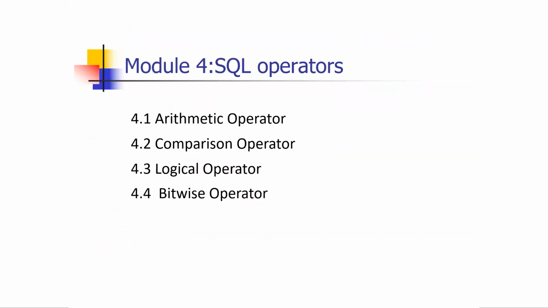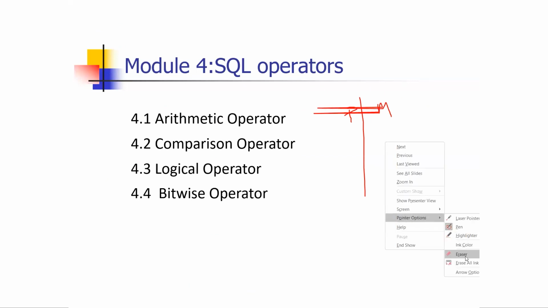Module 4 is SQL operators. SQL operators means we are going to perform some operations, like addition, subtraction, multiplication, division. So first are arithmetic operators, comparison operators. Suppose for students you have the marks of physics, maths, and chemistry.